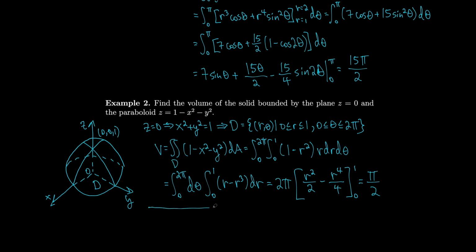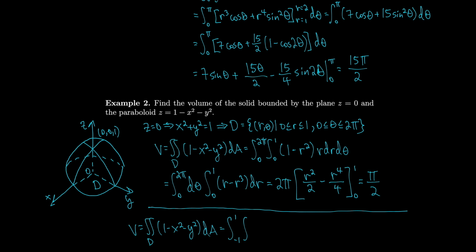Notice that if you were to try and use rectangular coordinates to compute this volume, you would have to say that the volume V is equal to the double integral over D of 1 minus x squared minus y squared dA, and convert that using Fubini into the integral from minus 1 to 1 for x, and then for y you'd have to go from minus the square root of 1 minus x squared to the square root of 1 minus x squared of 1 minus x squared minus y squared dy dx, which is super difficult to evaluate.